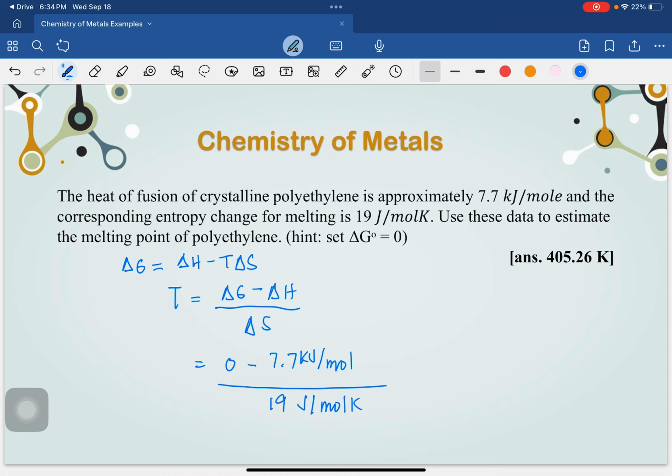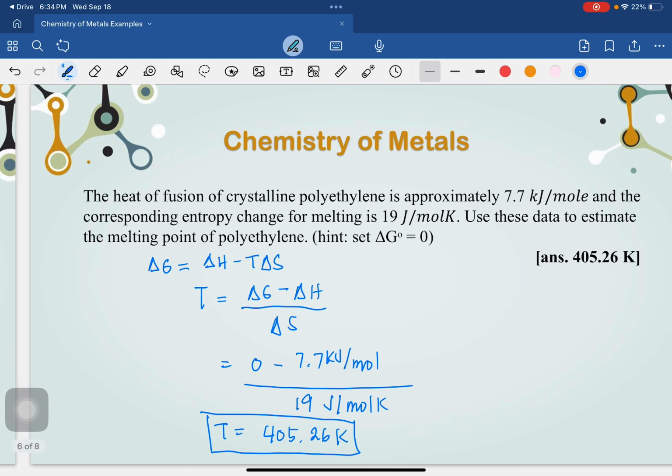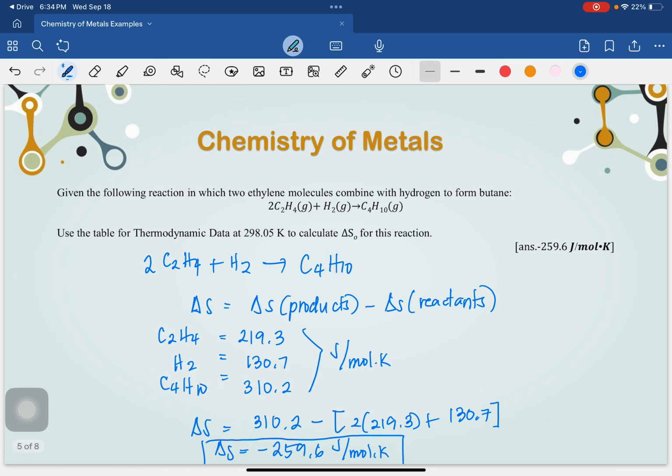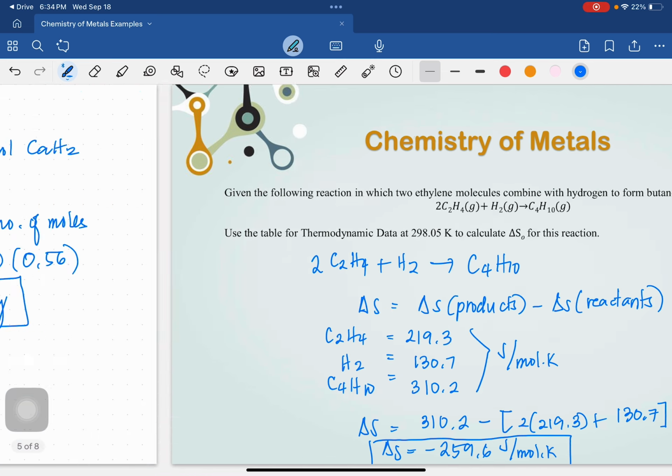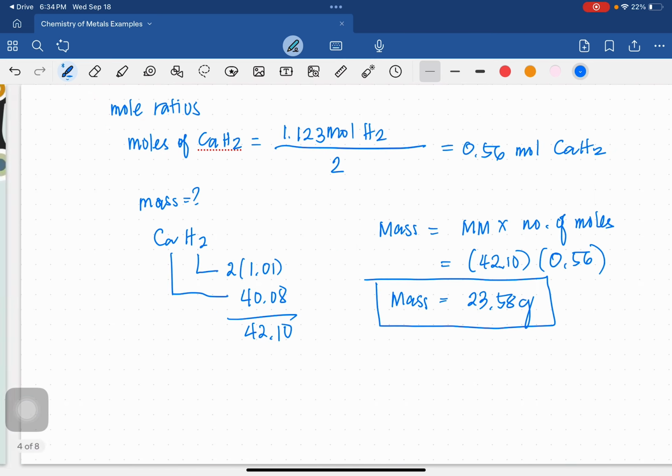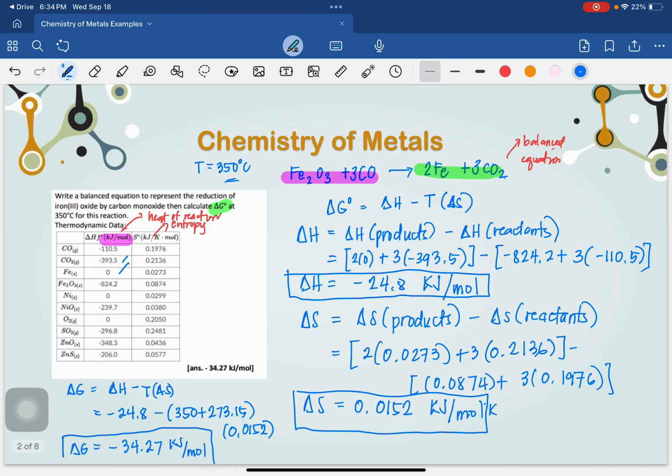And what I'm getting here is T is equal to 405.26 Kelvin. Okay, so if you look at all four problems, they just use a single equation, the Gibbs free energy, but what we did was look for different values in that equation.